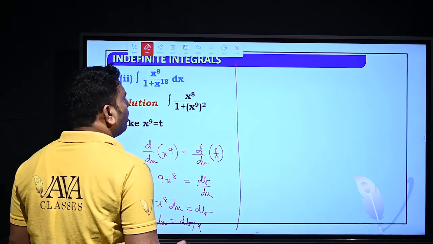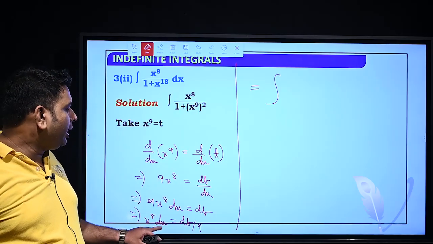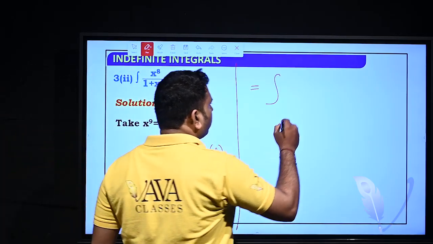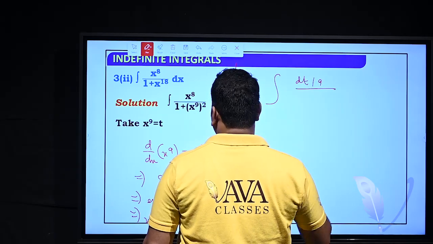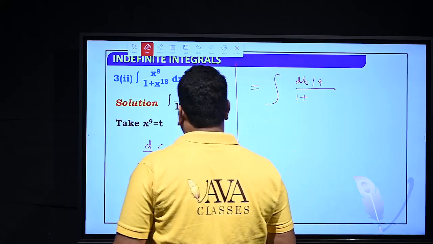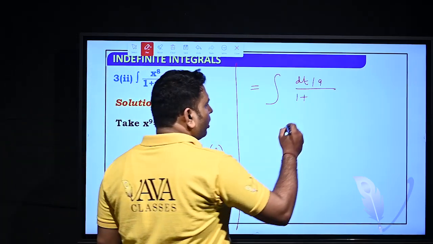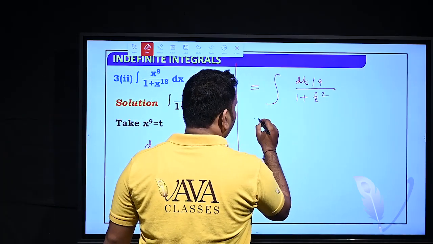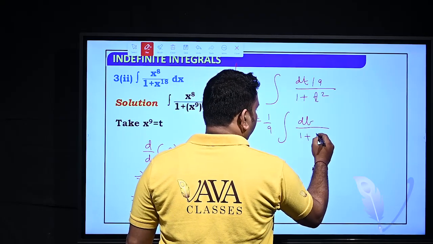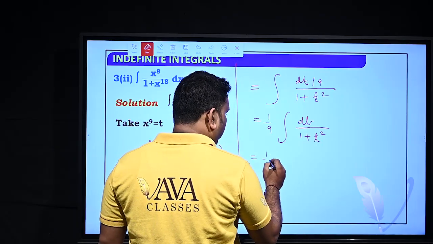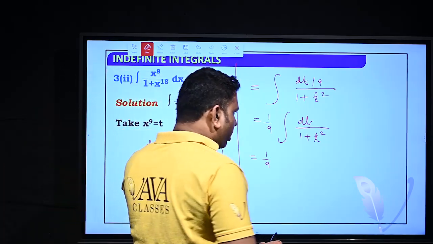Okay, so this is integration of x to the power 8 dx equal to dt by 9, that equals integration of dt by 9 over 1 plus x to the power 9 whole square, that is 1 plus t square. So 1 by 9 integration dt by 1 plus t square. So 1 by 9 integration dt by 1 plus t square is tan inverse t.